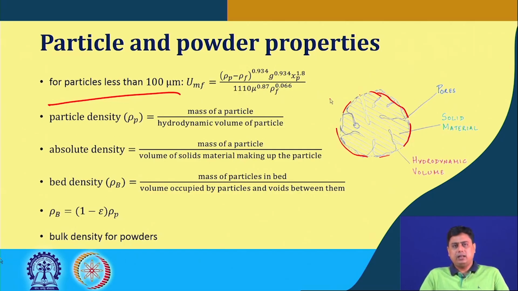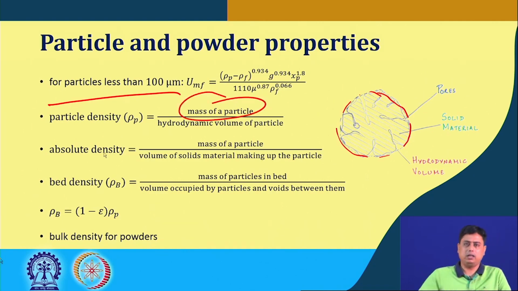We have another term, which is called the bed density. The bed density is defined as the mass of particles in the bed. Like in particle density we had the mass of a particle, here we have the mass of particles in the bed divided by the volume occupied by the particles and the voids between them.